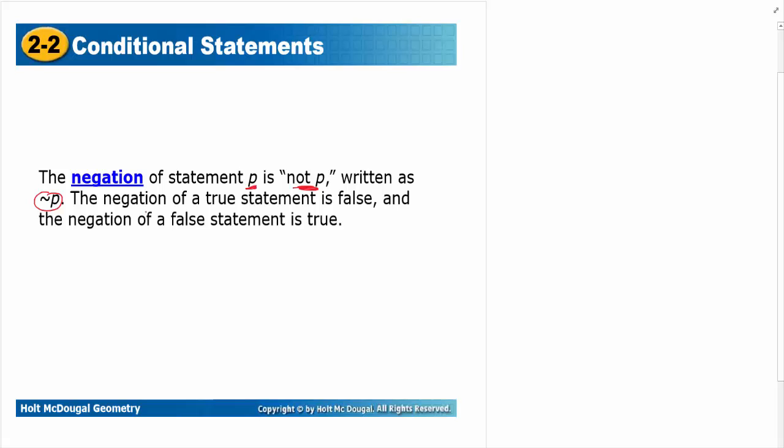The negation of a true statement is false, and the negation of a false statement would be true. So make note of that. If you had a true statement and you do the negation of it, it's false. If you have a false statement and you do the negation of that, then it's now going to be a true statement. Alright, so let's go try these out.